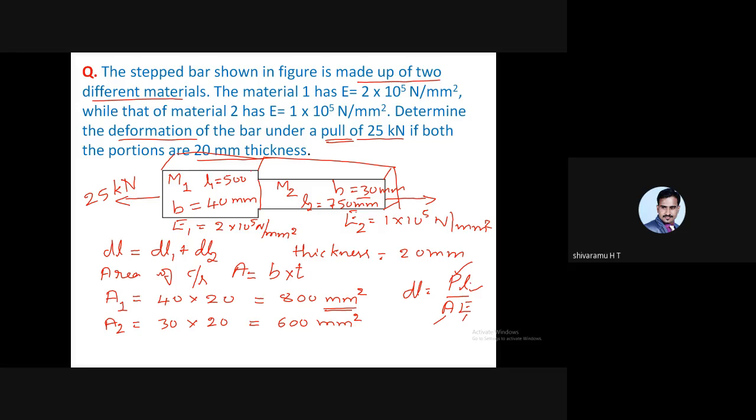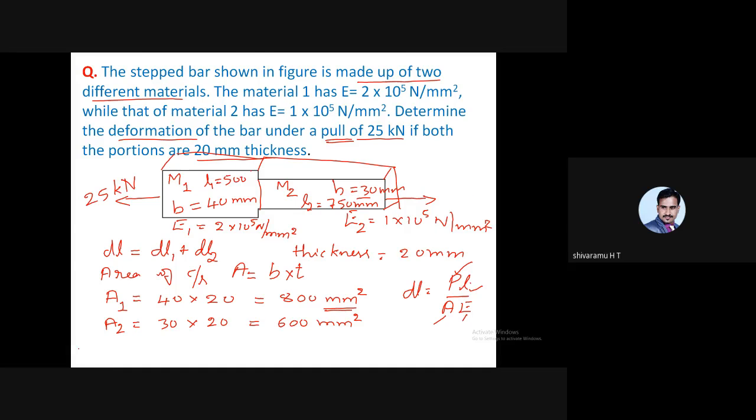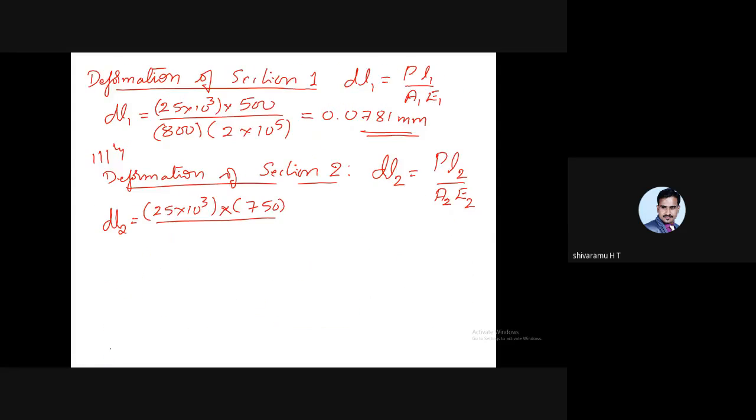The length of portion 2, or material 2, is 750, divided by the area of section 2 which we calculated, because breadth is 30 and thickness is 20. So 30 into 20 is 600 square millimeter.